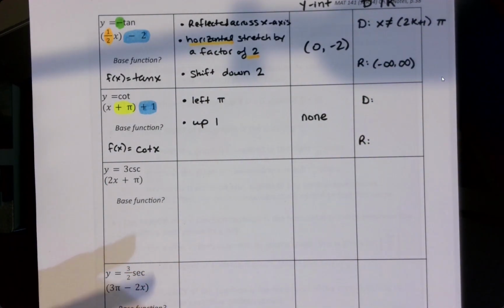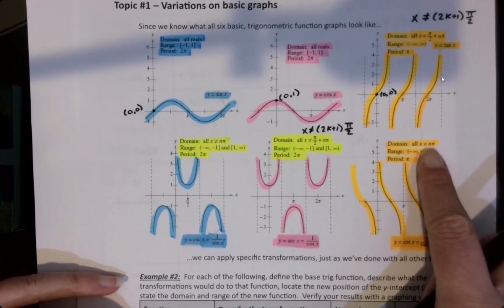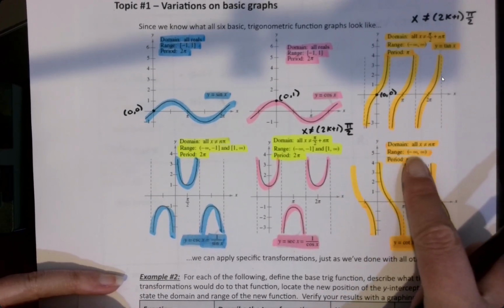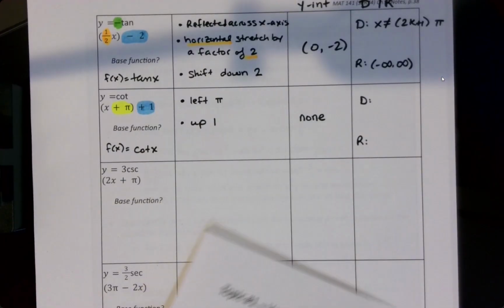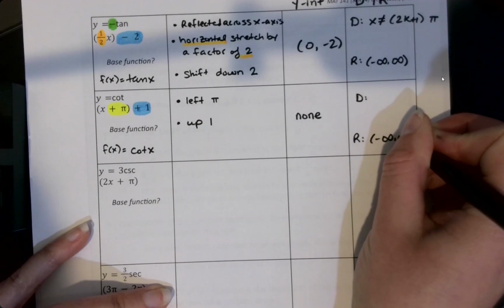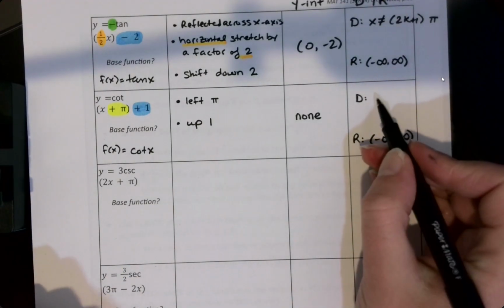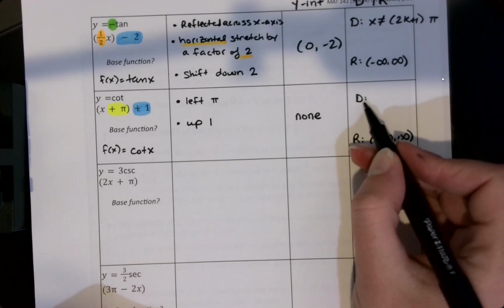Okay, so domain and range. The domain for cotangent, we'll have to work on that with the transformations, but the range is going to be -infinity to infinity, as it always is. So we'll write that one in first. Without transformations, it was all multiples of pi. This is x values for the domain.